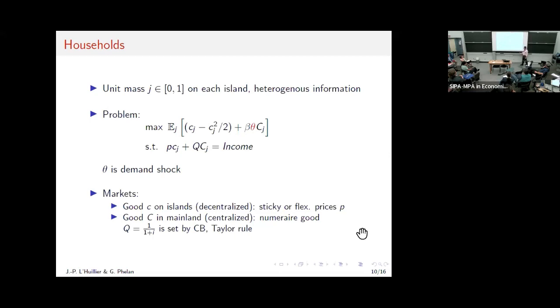So this good, little c, is traded in these islands in a decentralized market. The price, which is going to be sticky or flexible, is denoted by little p. So this is the price that is going to be set in the perfect Bayesian equilibrium between the firms and the consumers. Now the good capital C, as I said, is a numeraire good, bought in the centralized market, and the price of the bond Q is set by the central bank.